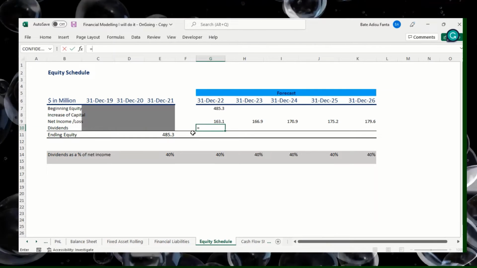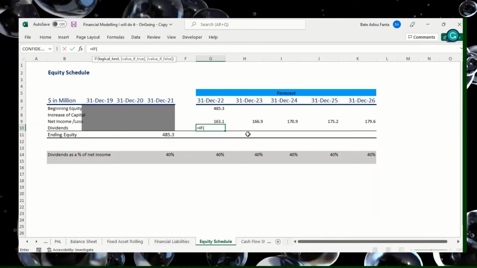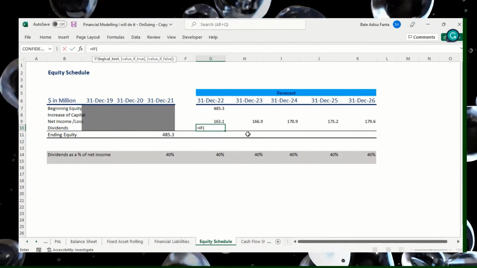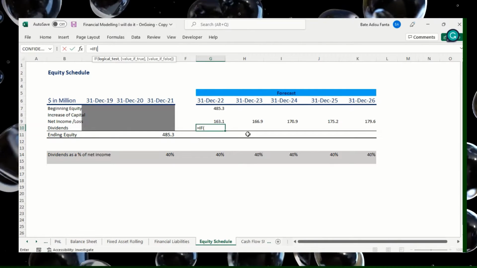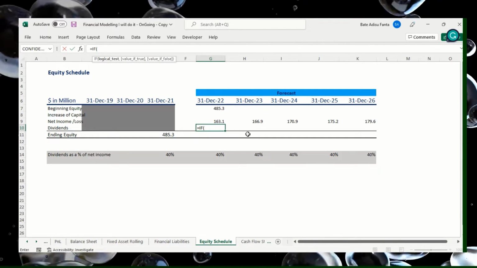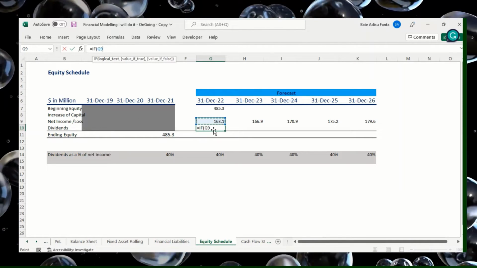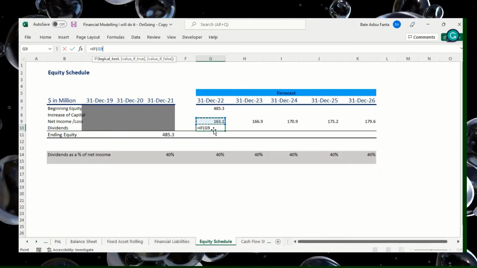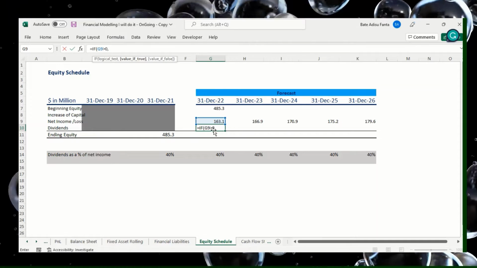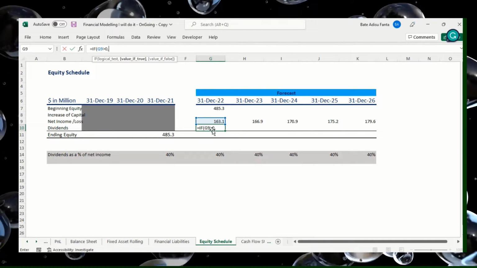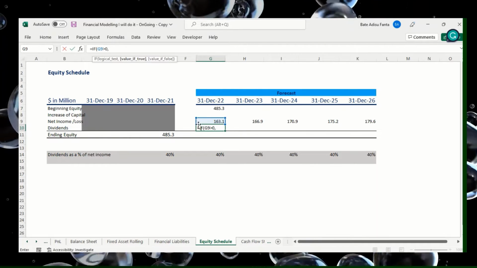So we use the IF function in this case. If it is less than 0, meaning if it is a net loss, that means there will be no dividend. So what we do is, if the net income, which is here, is greater than 0, then the dividend will be 40% times the net income.